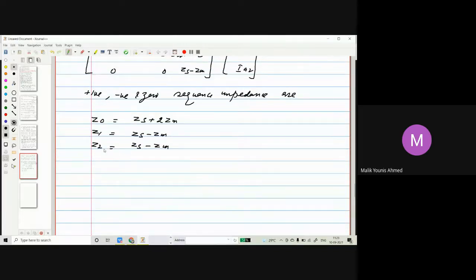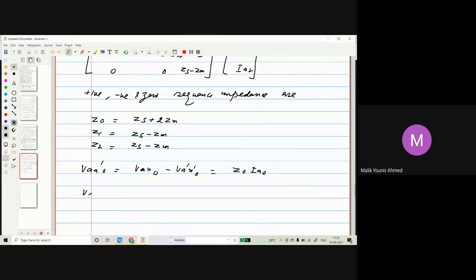Okay. So VAA dash 0 will be VAN0 minus VA dash N dash 0. We have seen this identity previously also. So that is equal to nothing but Z0 IA0.